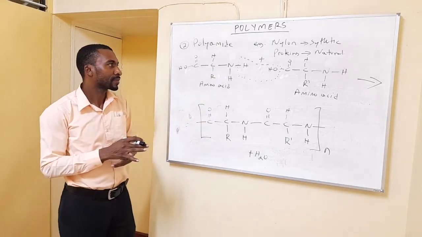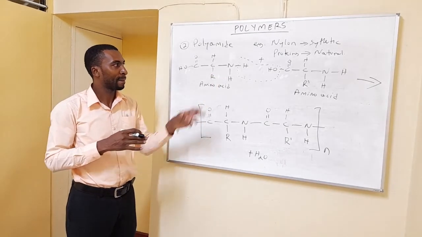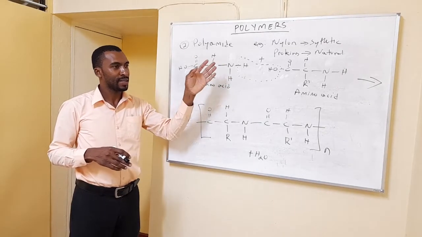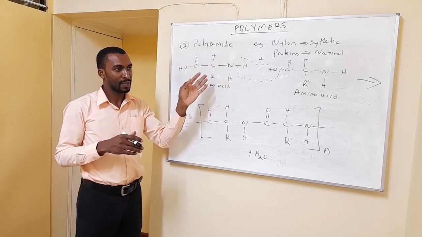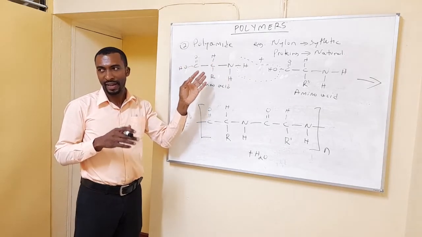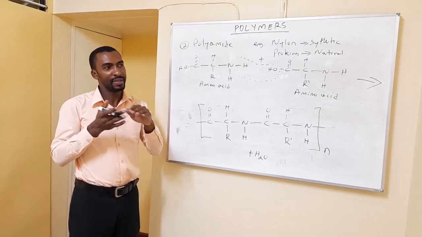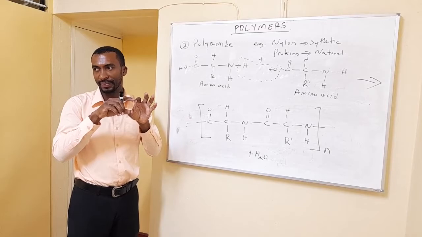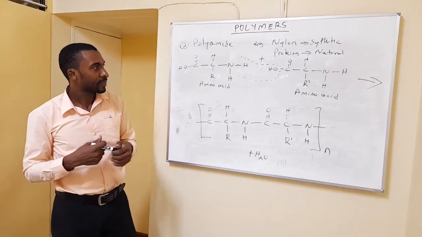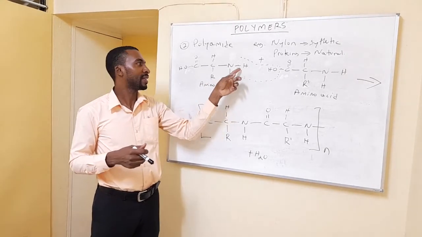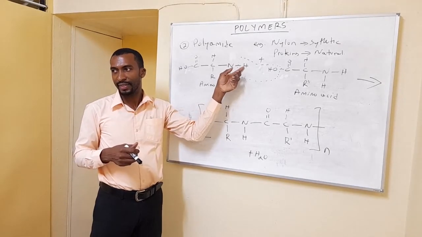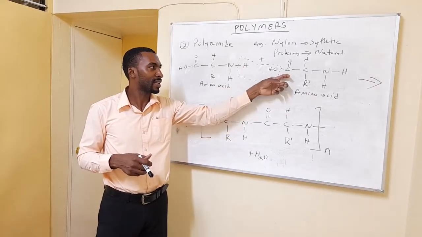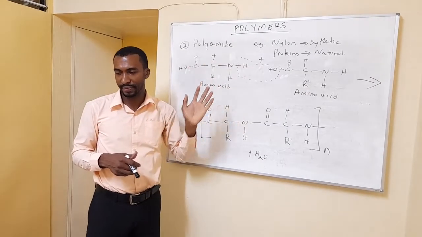So when the reaction is taking place between two amino acids, the amino acid means it has an amino group, which is an amide, and it has an acid group. That is why the name amino acid. That means it has both amide and acid groups in the molecule. So the amino aspect will lose the hydrogen, and the carboxylic aspect will lose the OH as usual.